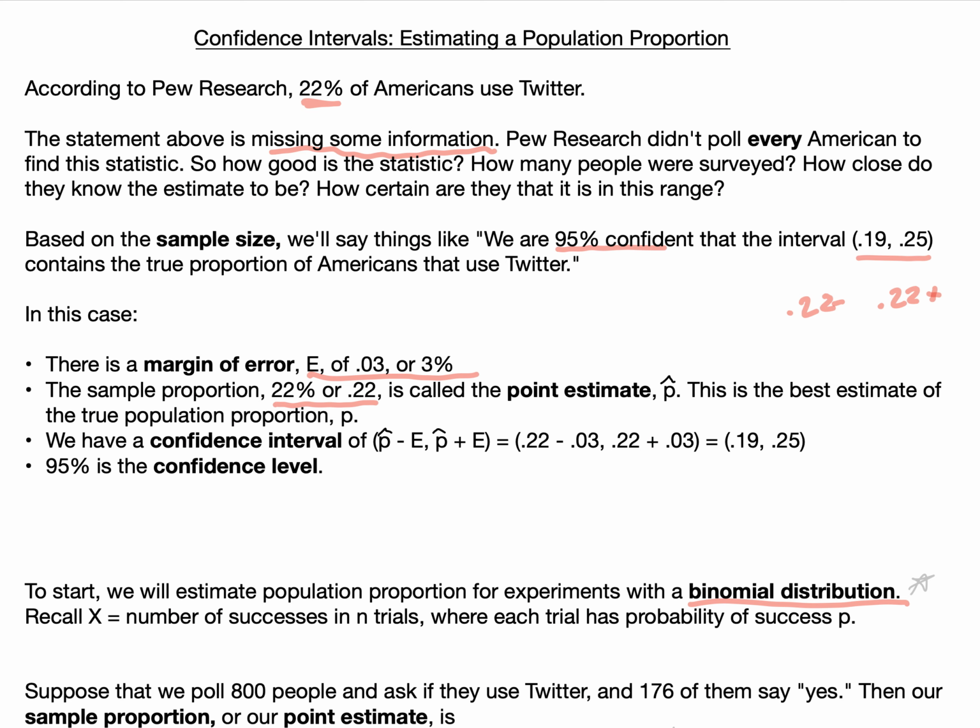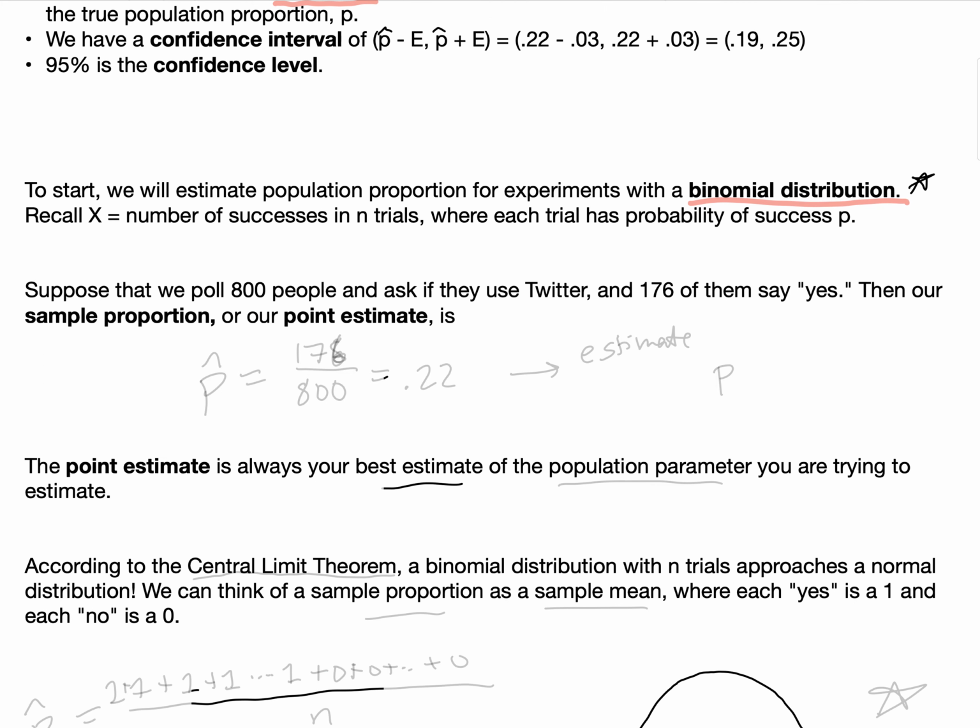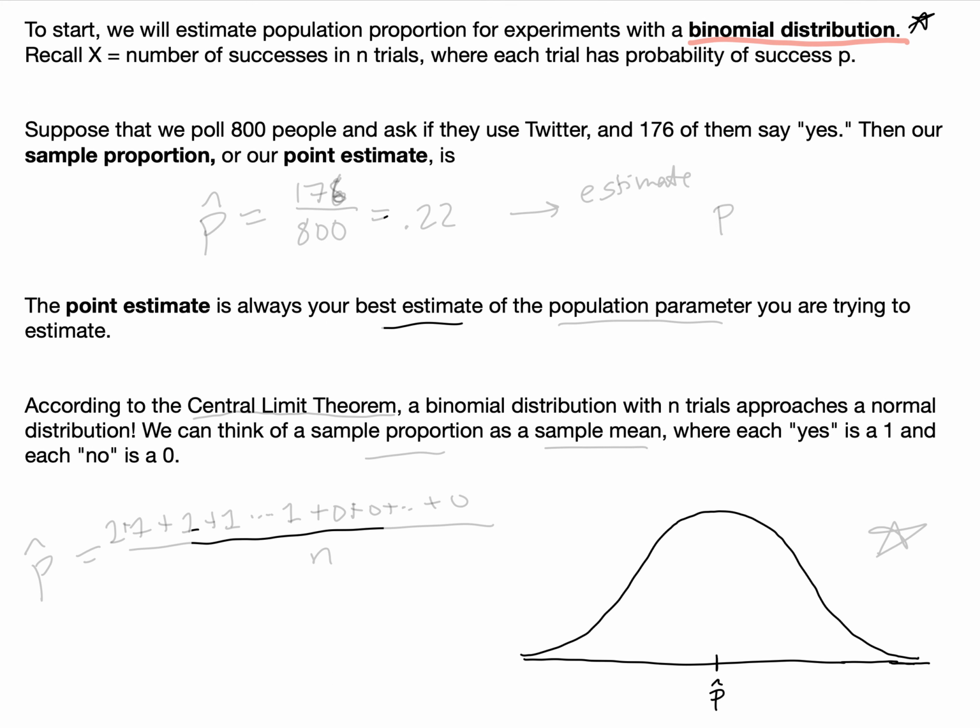And so we will always estimate population proportion for experiments with a binomial distribution. Remember that X is the number of successes in n trials, where each trial has probability of success p. So in our particular Twitter example, suppose that our sample size was 800 people. So we poll 800 people and ask if they use Twitter, and 176 of them say yes.